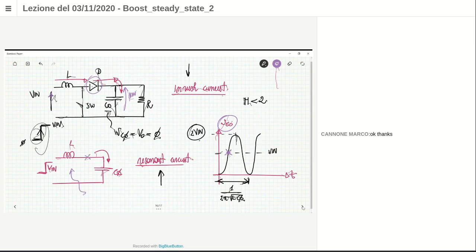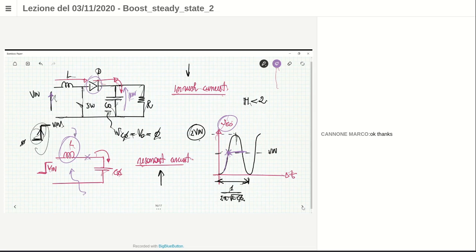So the diode breaks this circuit, and so the voltage cannot have this behavior. The fact that for a huge value of current this inductance disappears makes it possible to not have, from this point on, an oscillating behavior, because you have no more than that.